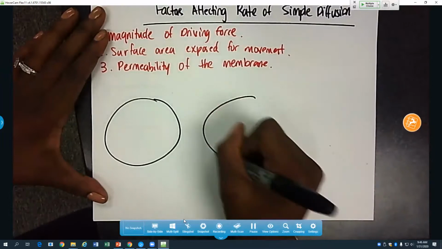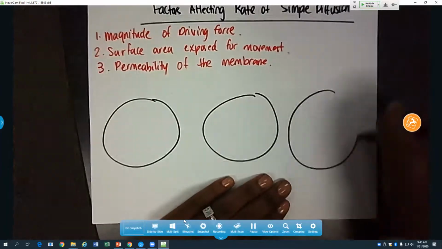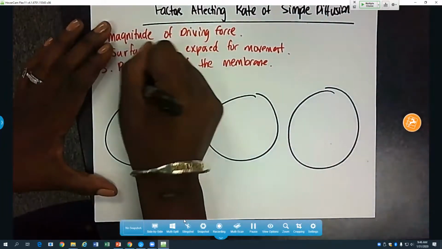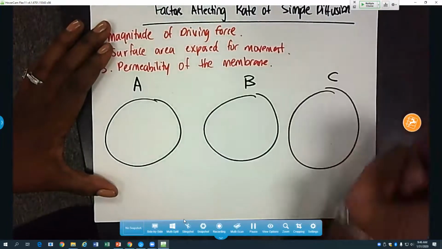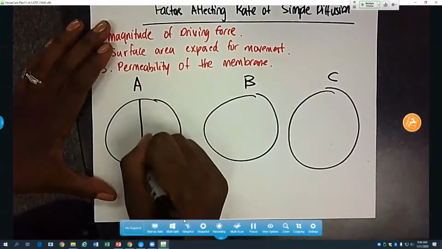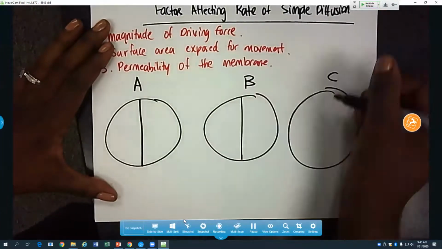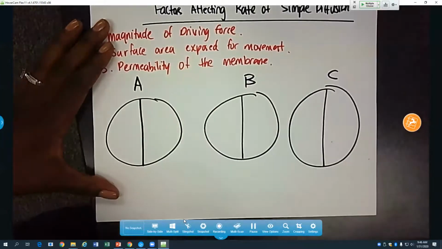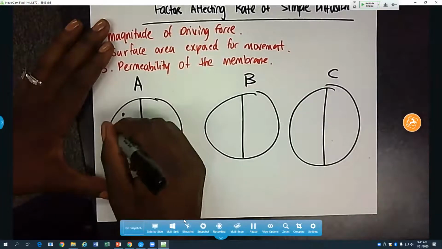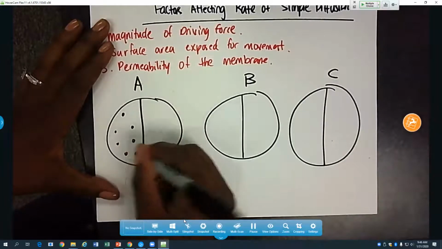So we'll look at three different scenarios here. We'll call them A, B, and C. Now we have a container that's separated by this permeable membrane in each of our little scenarios here, and we have differing solute concentrations on either side.